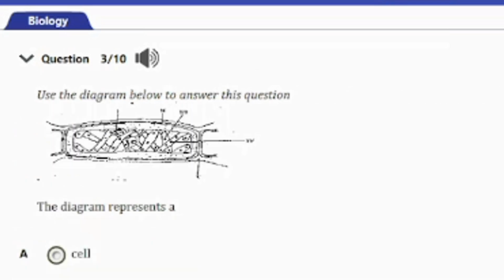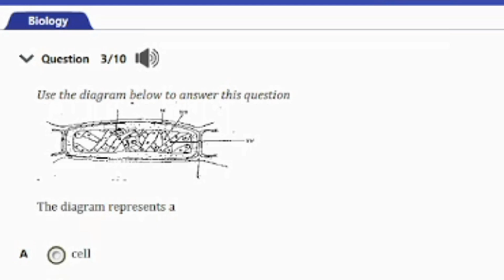Let's go ahead and consider question number 3. It says, use the diagram below to answer this question. The diagram represents A, cell, B, part of a living organism, C, filament, D, colony. The answer to this question is option C, filament.